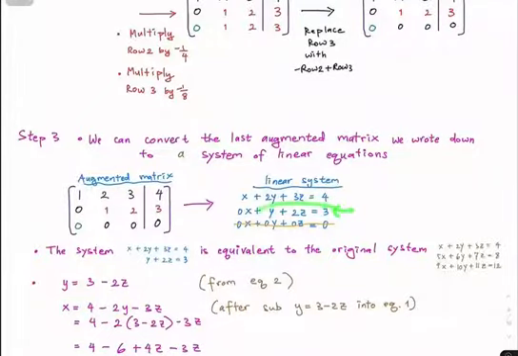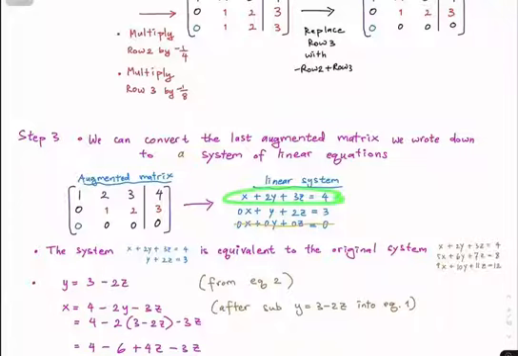So from here, I can conclude that y is equal to 3 minus 2z, right? I would just move the 2z to the right. And now I can substitute this y into the first equation. So this is the first equation.